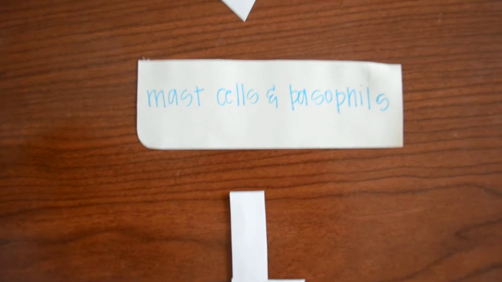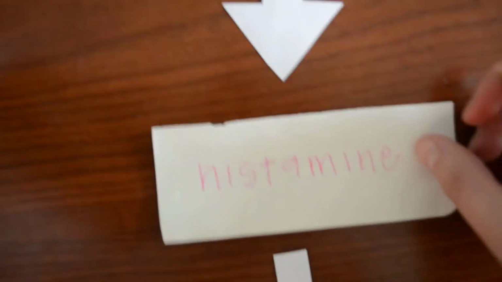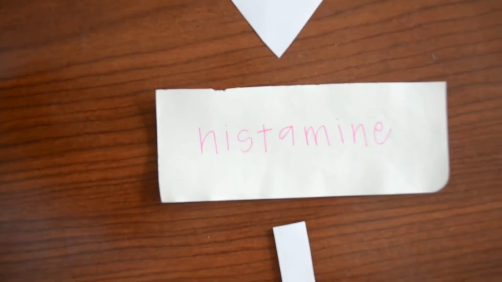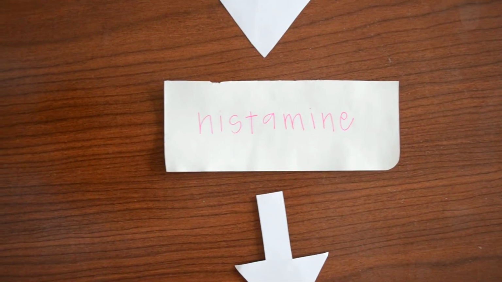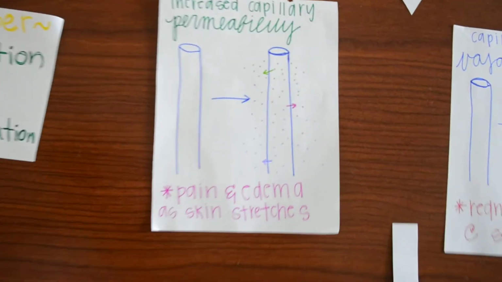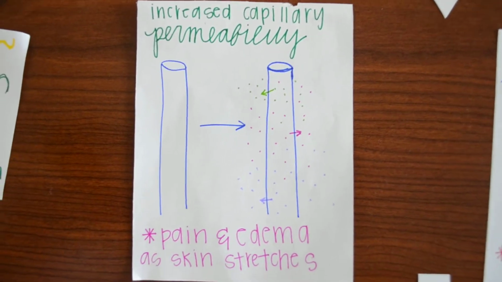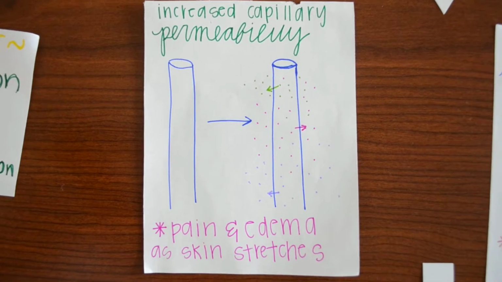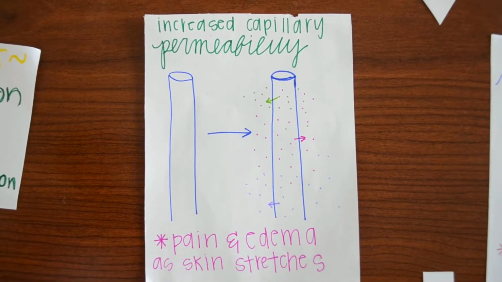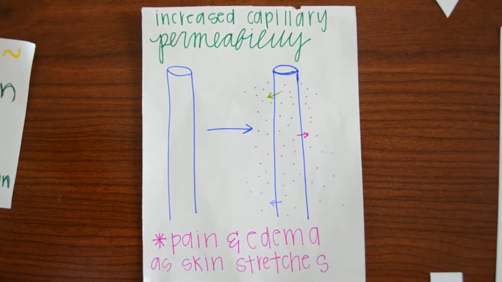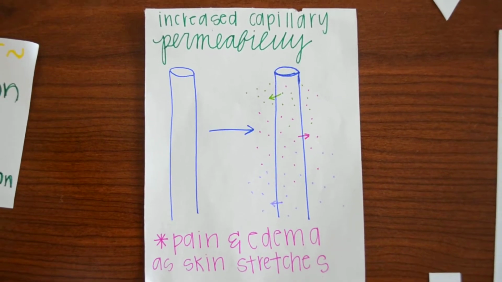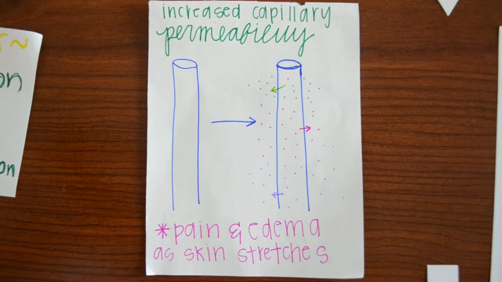Mast cells and basophils then stimulate the release of histamines, and histamines affect capillaries in the injured area in two ways. It first causes increased capillary permeability, so that means there's a greater exchange of fluid and substances in the capillary, and fluid is leaving the capillary and is in the tissue around it, causing pain and edema as the skin stretches.